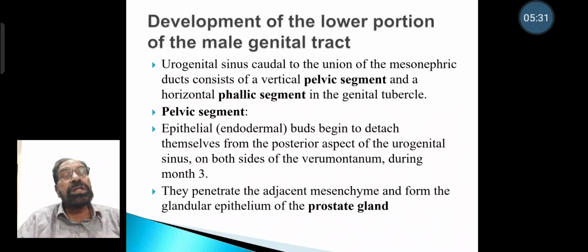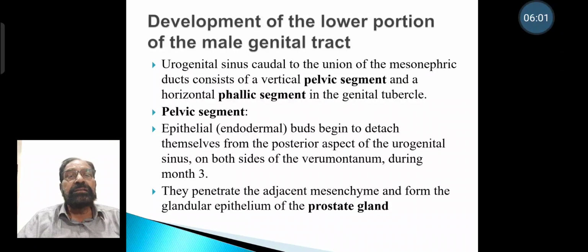Urogenital sinus, caudal to the union of mesonephric ducts, consists of a vertical pelvic segment and a horizontal phallic segment in the genital tubercle. In the pelvic segment, epithelial buds begin to detach themselves from the posterior aspect of urogenital sinus on both sides of veromontanum during month 3.